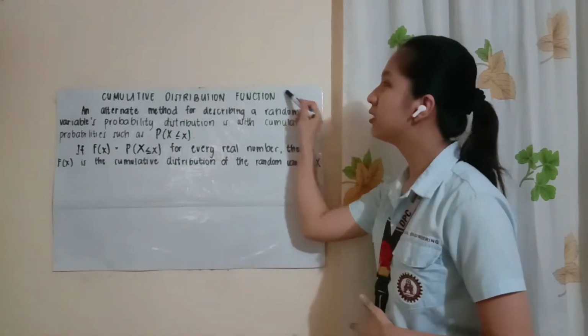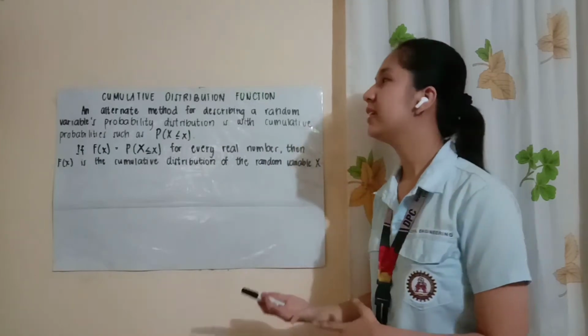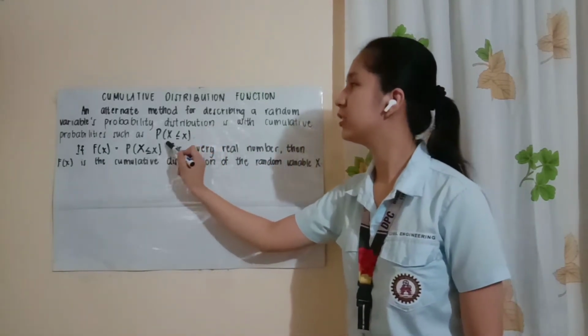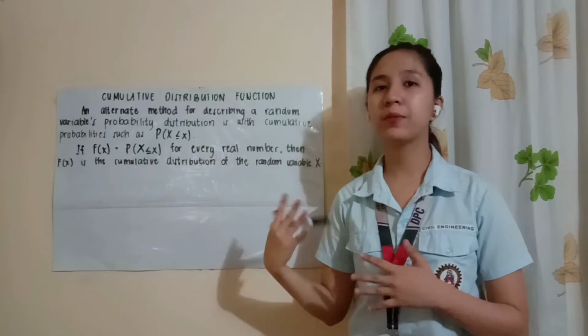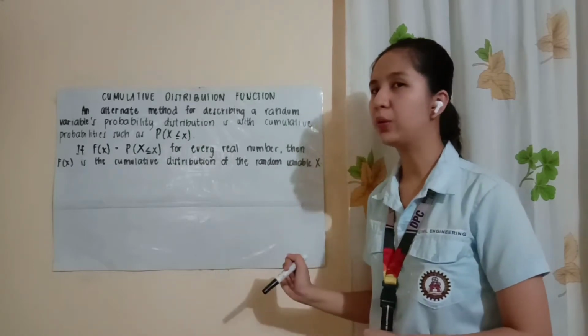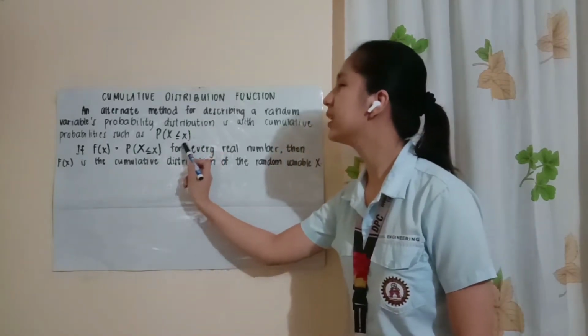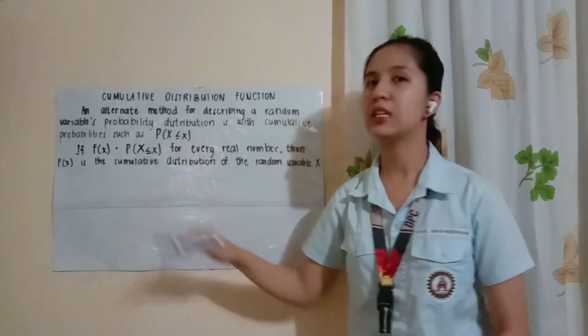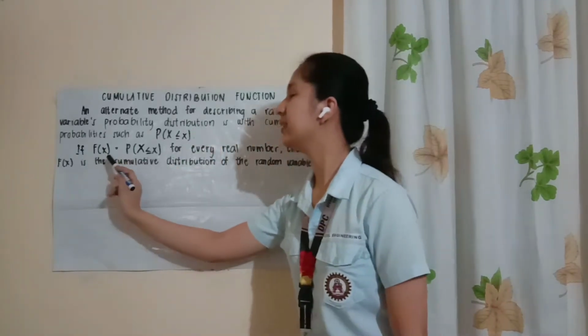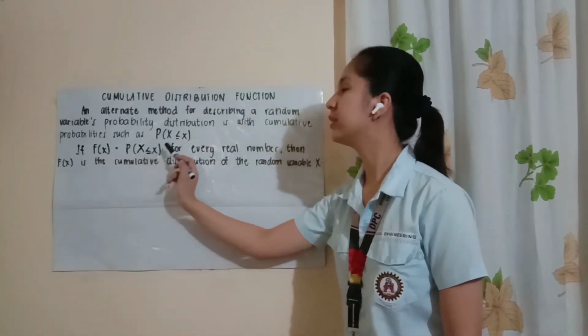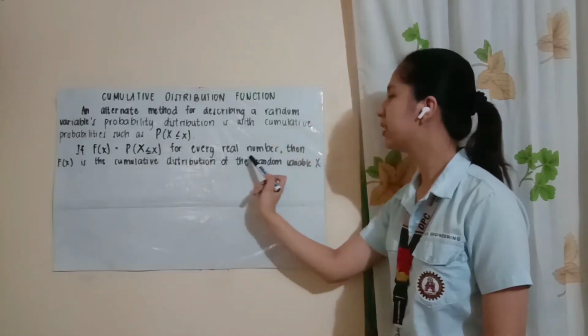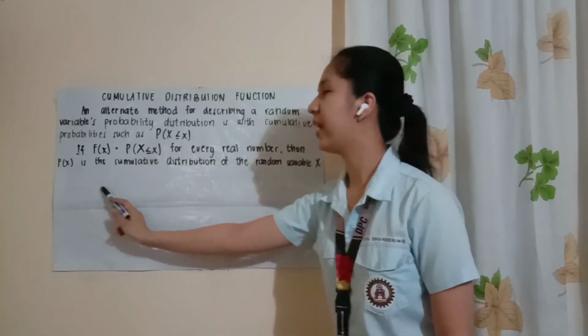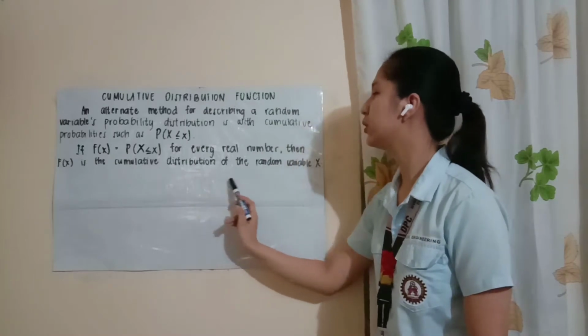The cumulative distribution function describes the probability that a random variable x, with a given probability distribution, can be found at a value less than or equal to x. So yun siya. If f of x equals P of x less than or equal to x for every real number, then f of x is the cumulative distribution of the random variable x.